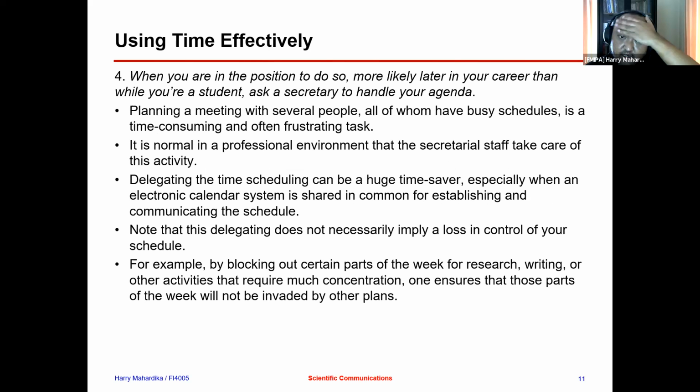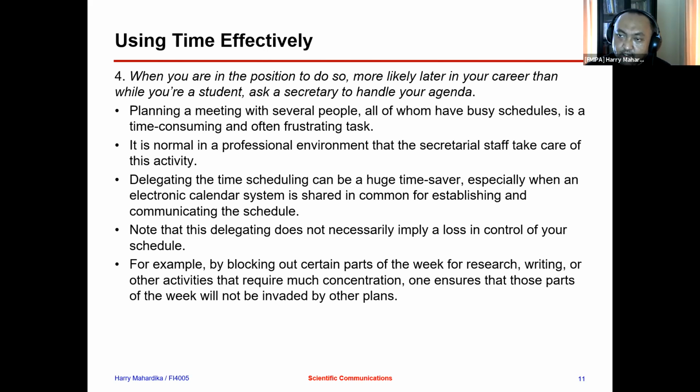For example, if you are involved in a research project done in a group, you can make some kind of schedule for each person to do certain work, so that you don't need to do everything on your research.